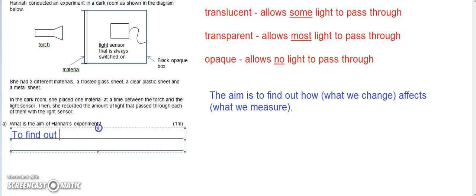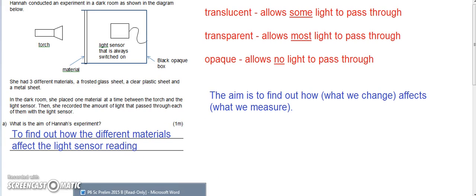So the aim of the experiment is to find out how the different materials affect the light sensor reading. Okay, so to find out how the different materials affect the light sensor reading, and that is the aim of the experiment.